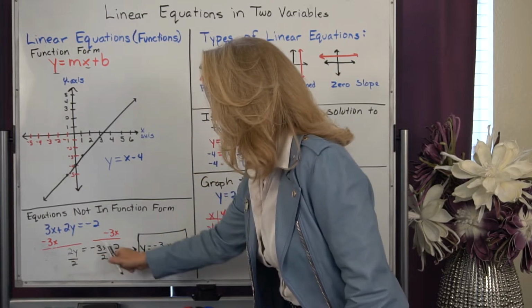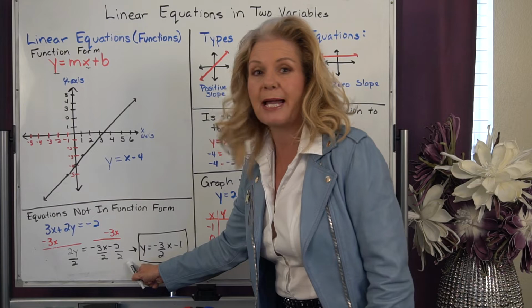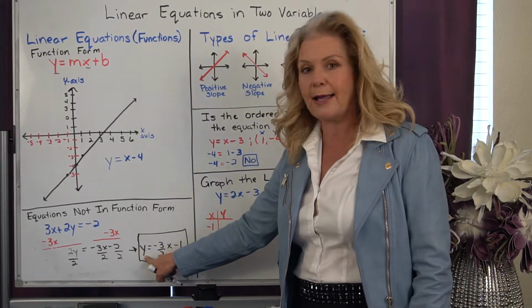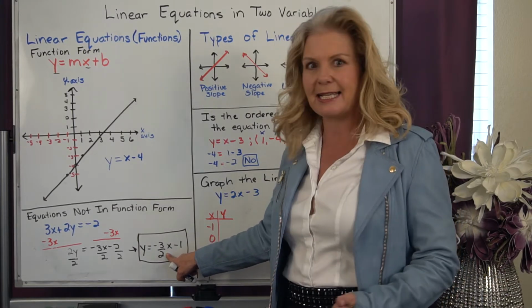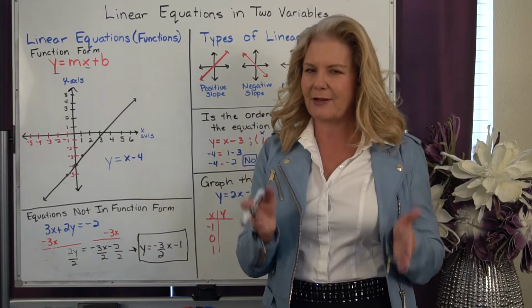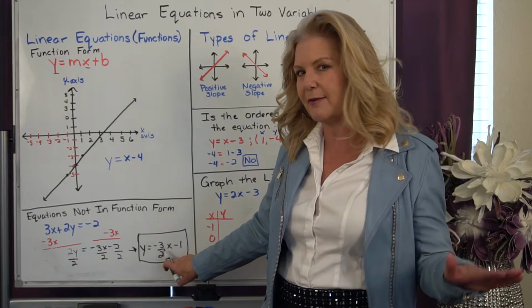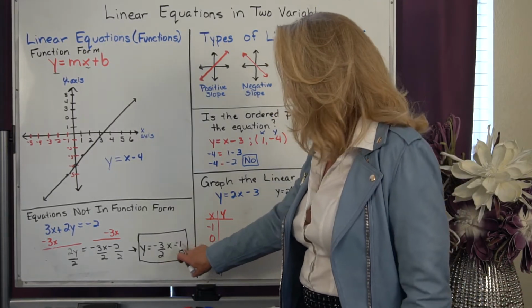So I divide by 2 there, I divide my -3x by 2, and I divide my -2 by 2. When I do that, I'm left with y = -3/2 x, and lots of kids look at that and they think, oh, I don't want to work with fractions. You're going to see in later lessons that these are actually really easy to work with. So don't think of them as fractions, just think of them as a ratio. And then I have -1.